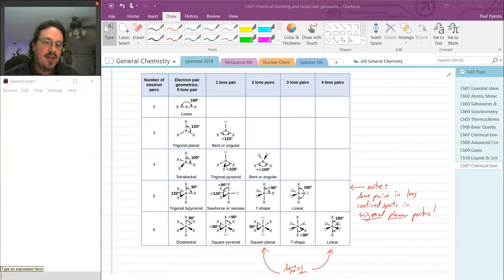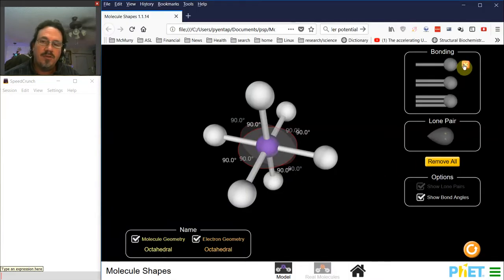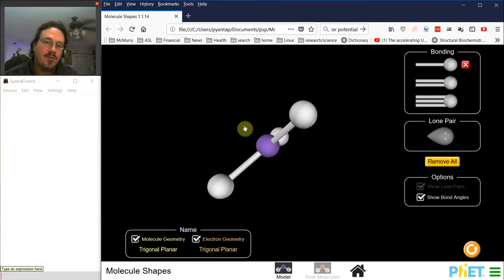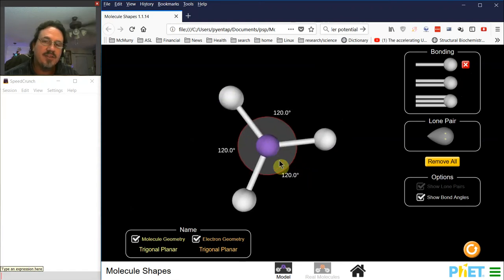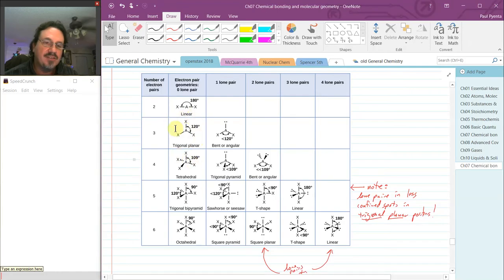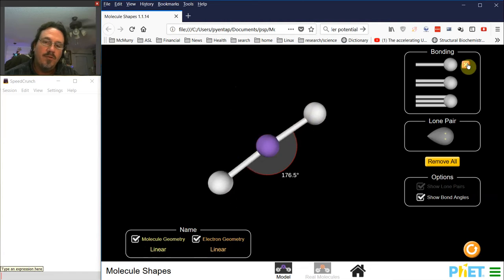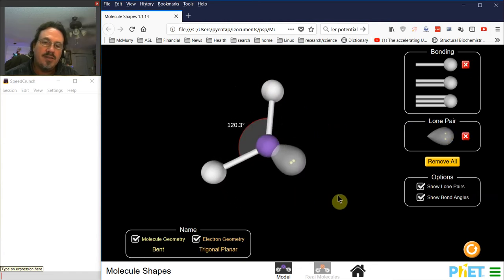If we look at the PhET diagram, maybe this will clarify it. Let's go back to a trigonal planar. So there we go. They're all in the same plane. This is like the AX3 over here, the central A with 3 X's coming off of it. All right. Now, let's replace one of these with a lone pair. So I'll remove one and then I'll add a lone pair on instead.